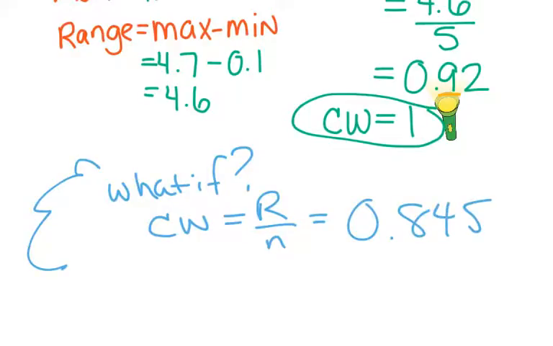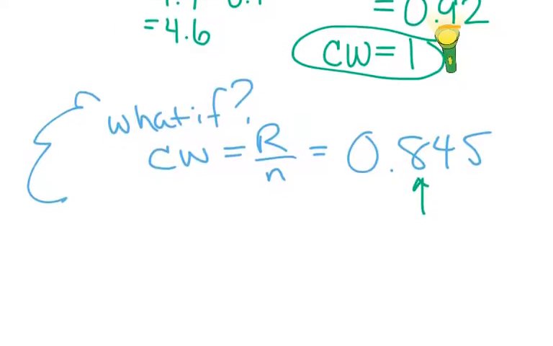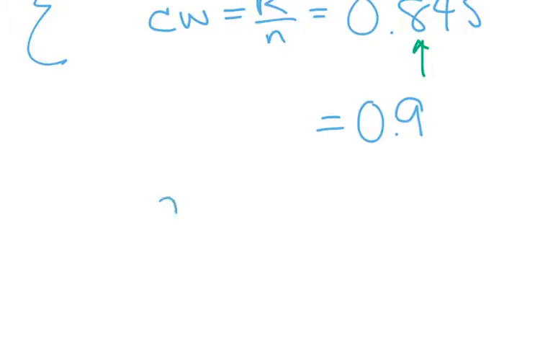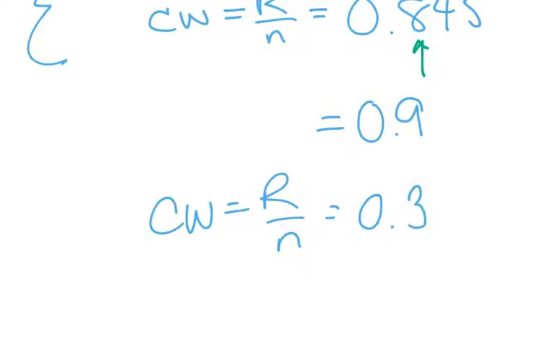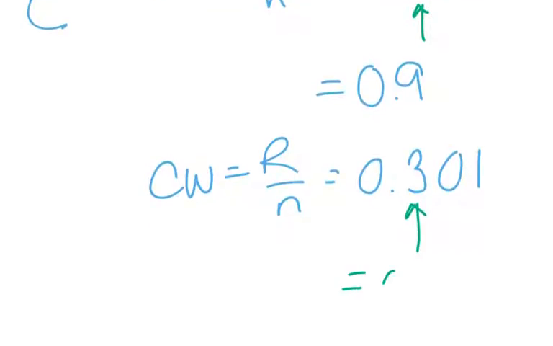Again, since all of these go to the tenths place, I look at the tenths place, and no matter what that value is, I'm going to round up. So our class width would actually be 0.9. Now, what if our class width came out to something like 0.301? Again, no matter what, we are rounding up to the next tenths place.